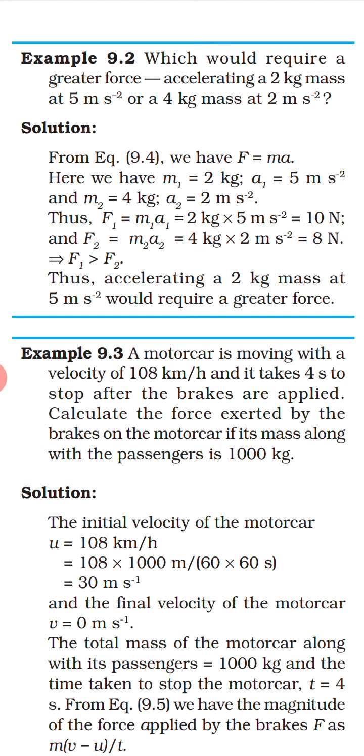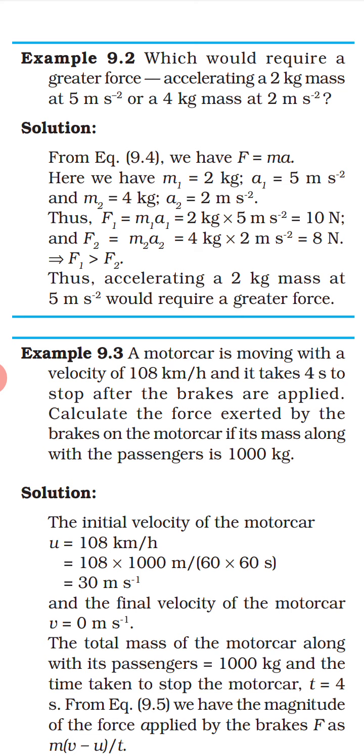One is 2 kg with acceleration 5 meters per second square, and the second is 4 kg with acceleration 2 meters per second square. Simply we have to apply the formula F is equal to m into a. By applying the formula we get F1 is equal to 10 Newton and F2 is equal to 8 Newton. That means, what does this mean? Thus accelerating a 2 kg mass at 5 meters per second square would require a greater force.